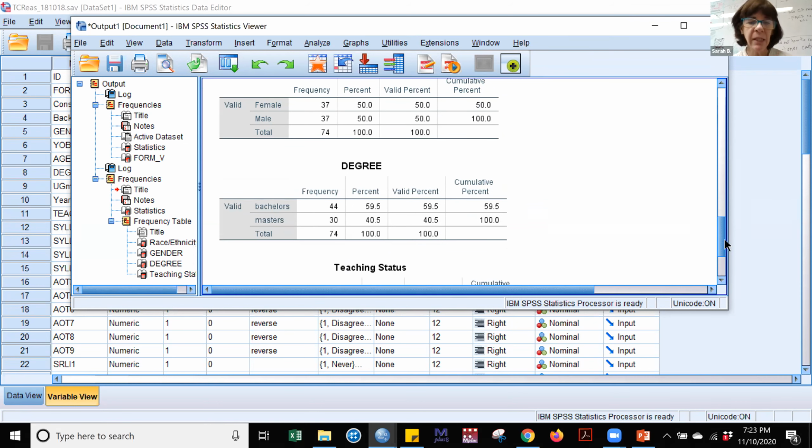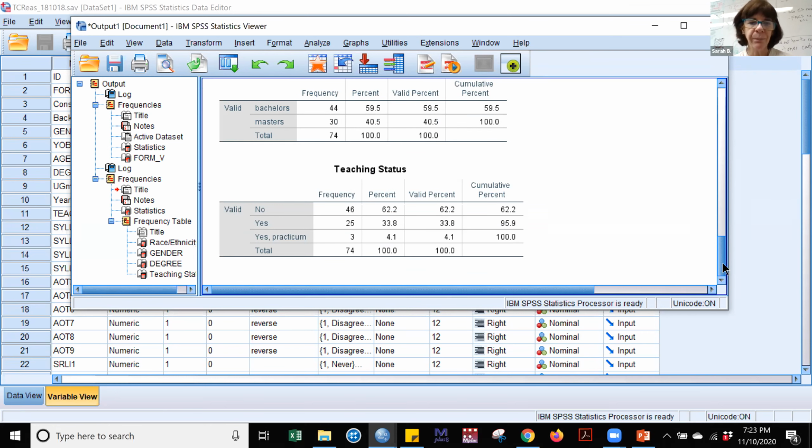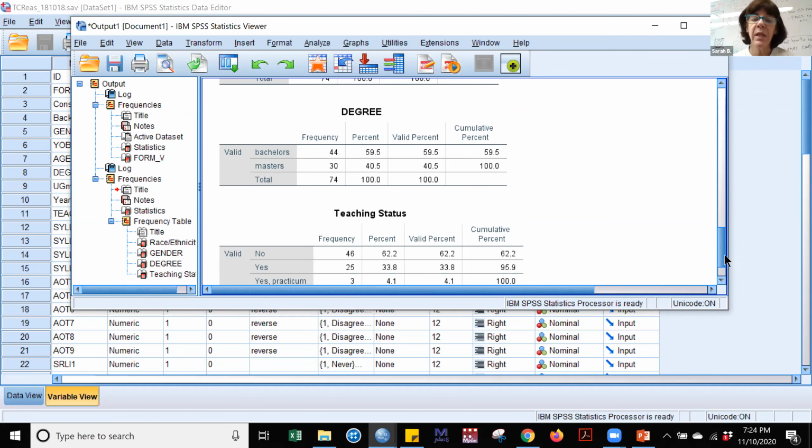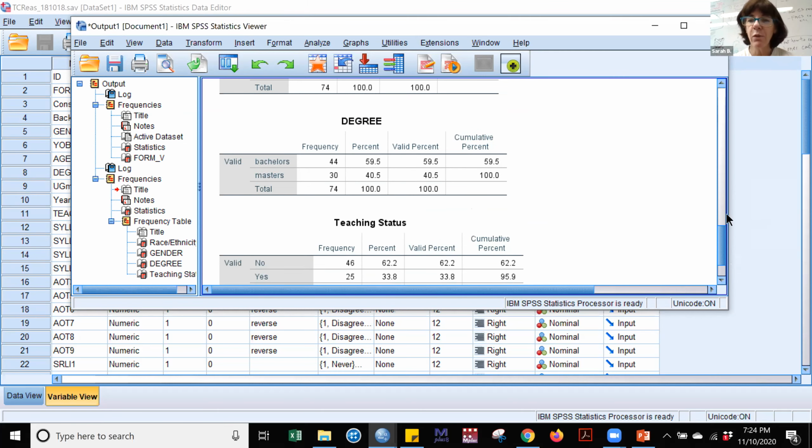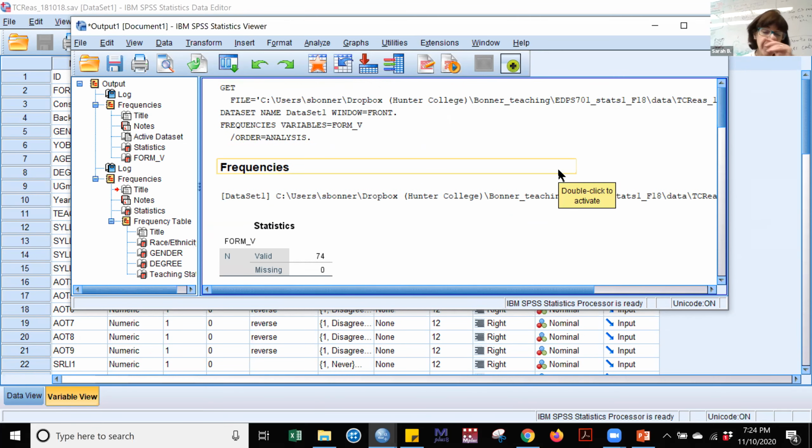And they had either a bachelor's or a master's degree, with a slightly greater number who had a bachelor's degree. And most of them were not teaching, but more than a third of them were. So for instance, we could compare teachers versus non-teachers, but we're going to compare these two forms of the test.